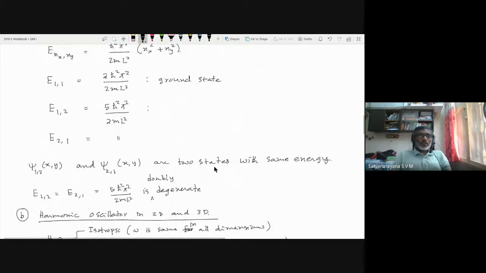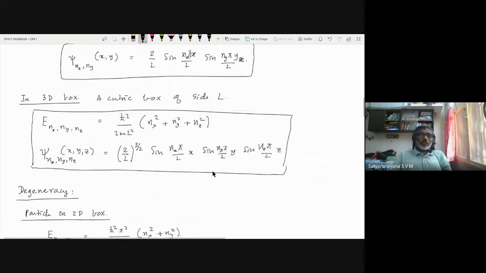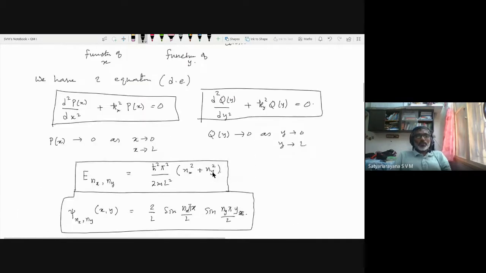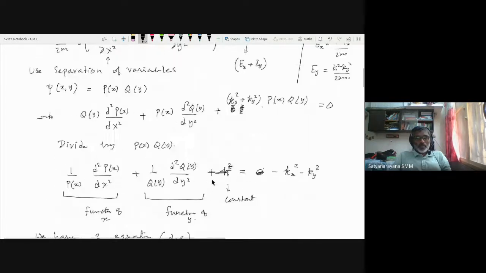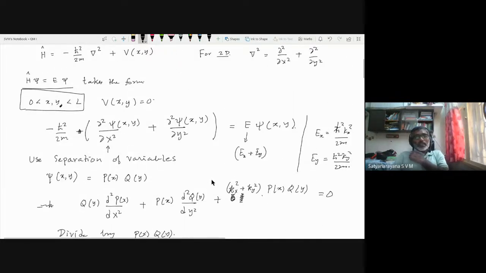So this is one. We looked at two classes of problems. One started with particle in a box, and then we looked at particle in a box in higher dimensions, 2 dimensions and 3 dimensions, and then looked at the degeneracy.